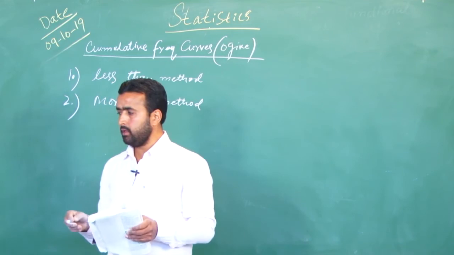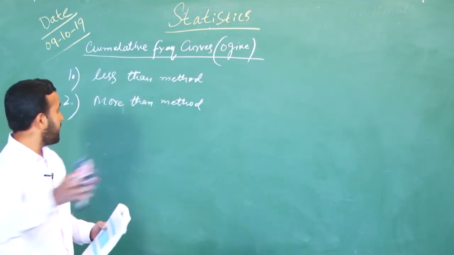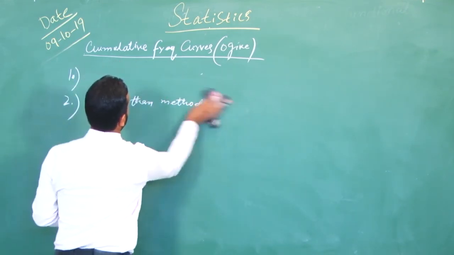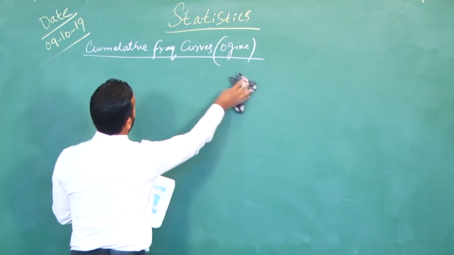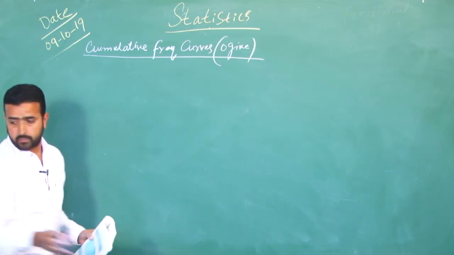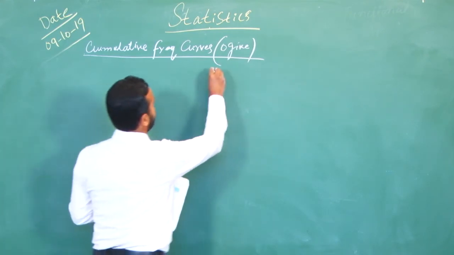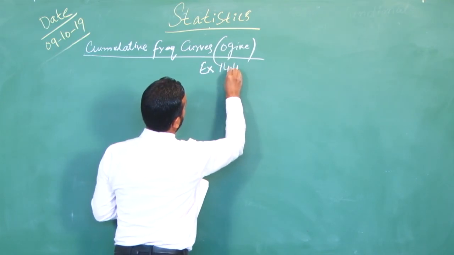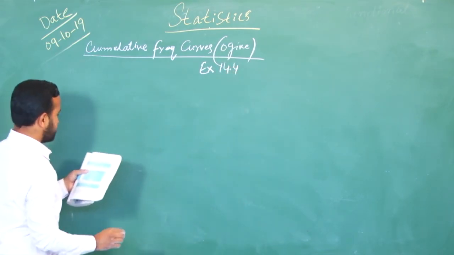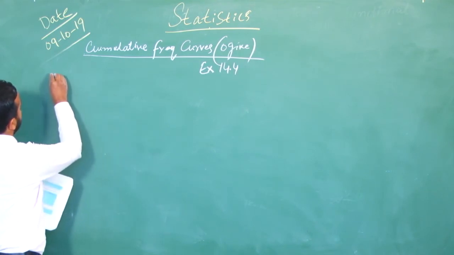We have to convert the given data into less than type and then draw its ogive. This will be exercise 14.4, the last exercise of this chapter. Let's take question number 1 now.